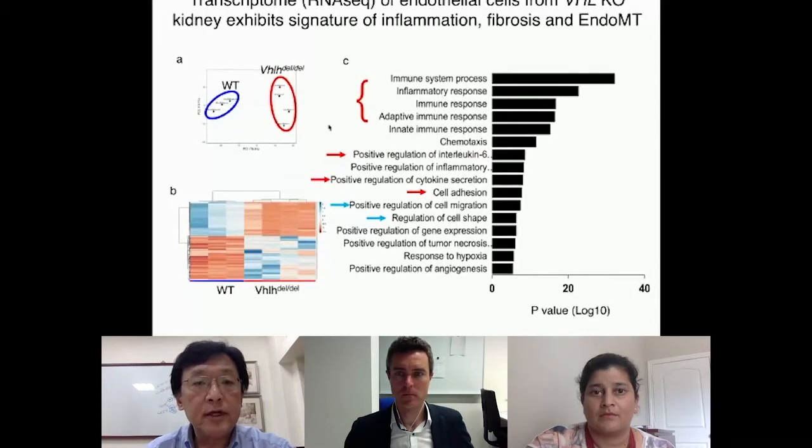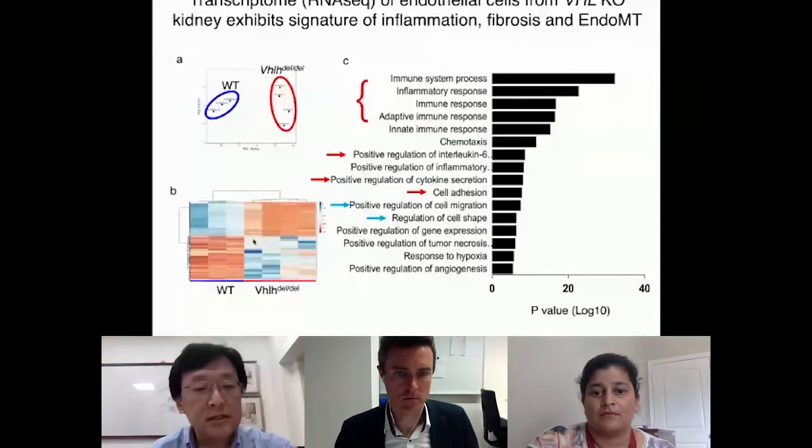Then we isolated these endothelial cells, and immediately after isolation, we isolated mRNA without any culturing or subculturing. We immediately put them to RNA-seq. What turned out is that the gene expression patterns were quite different.